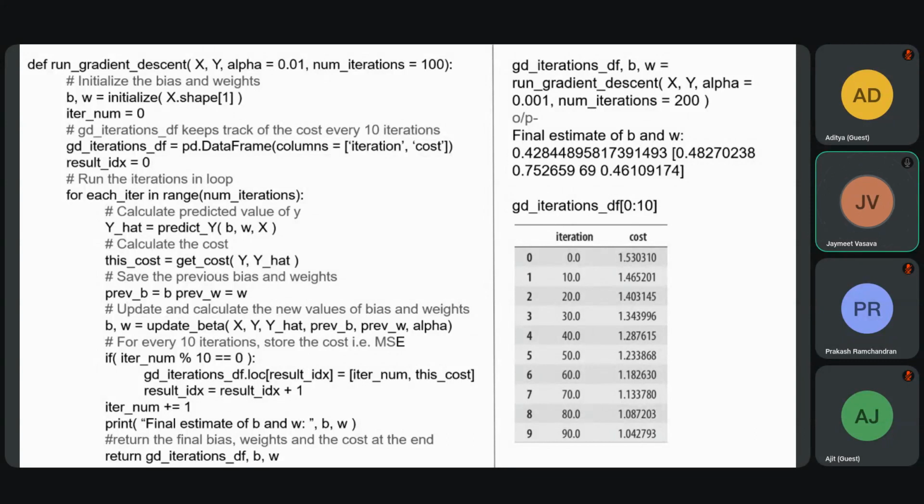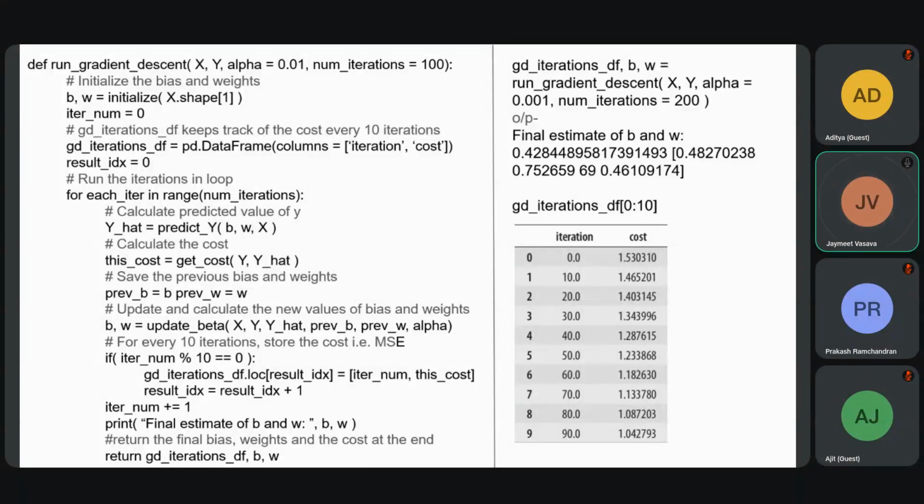So when we use this run gradient descent function that we just defined on the current values of bias and weights for the alpha value or the learning rate value of 0.001, and for the number of iterations, instead of 100, 200, this is the value we get for the bias and weight, which for bias it's 0.42, and for the weight is 0.48, 0.75, and 0.46.